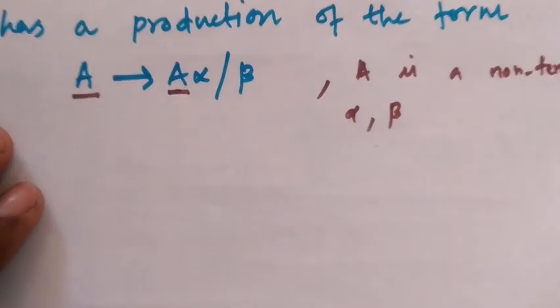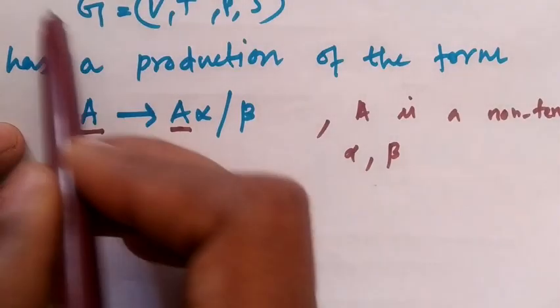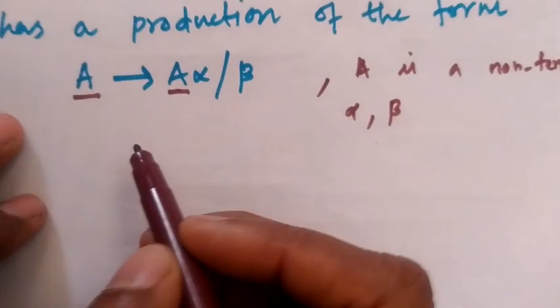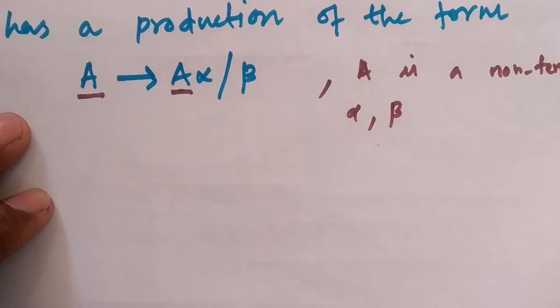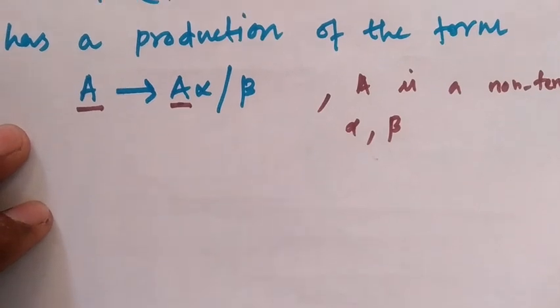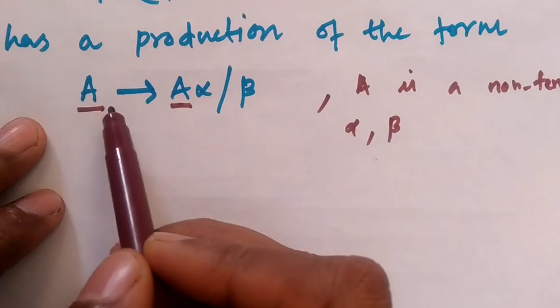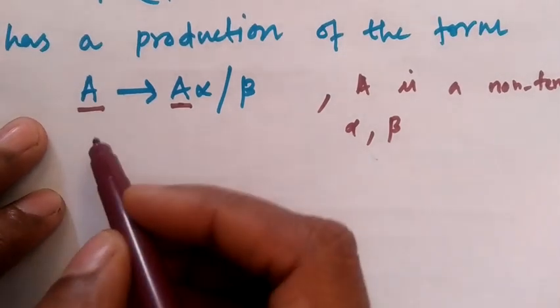So if such a production exists in the grammar G, then we can say that G is an immediately left recursive grammar, because the grammar has the property of immediate left recursion: in the production itself it is left recursive.